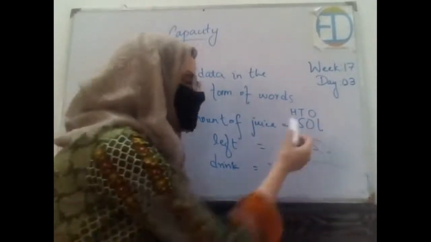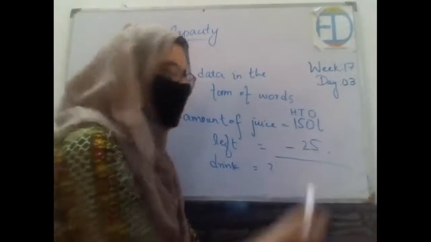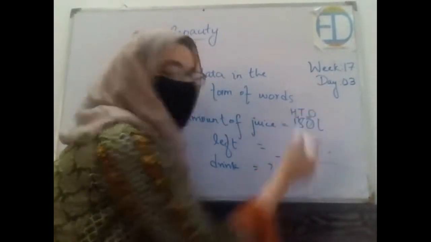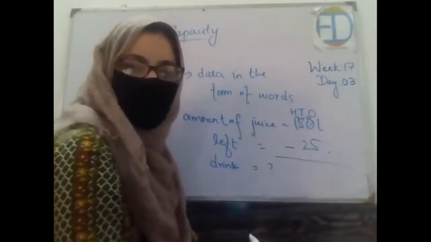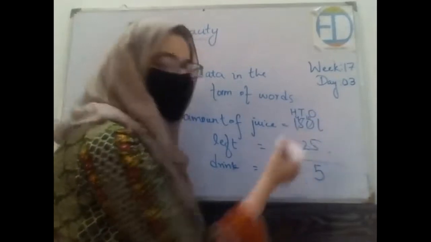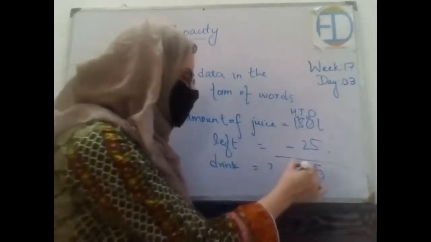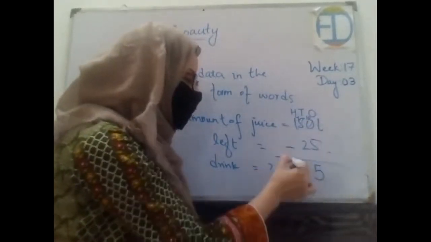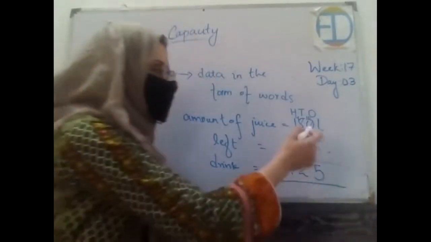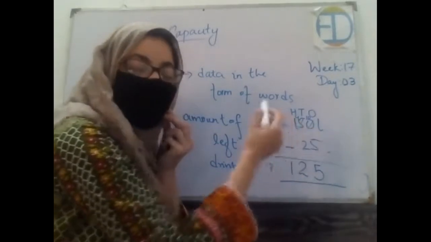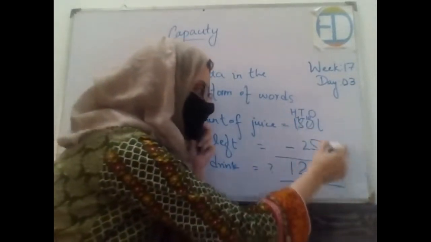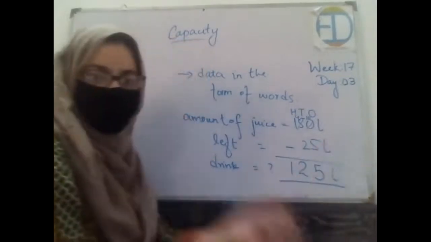No. So this is a question of carrying over, right? We will take one carry from here, 4 will be left here, and this will turn to 10. Now 10 minus 5, 5. 4 minus 2, 2. And 1 as it is. So this means that out of 150 liters, the guests drank 125 liters of juice.